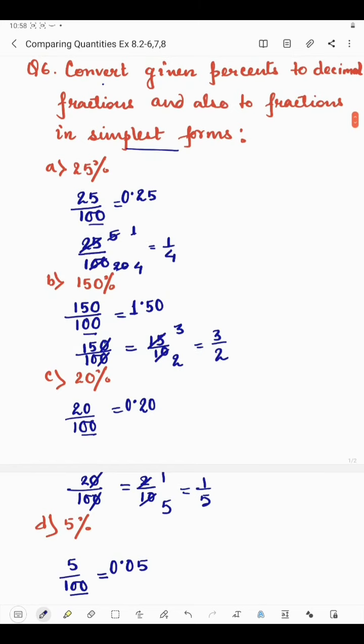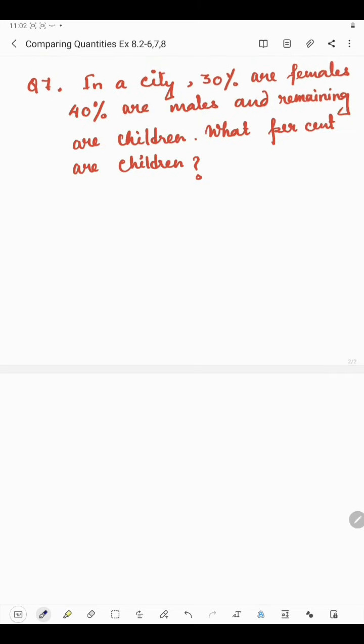Now coming to question number 7. Question number 7 says in a city 30% are females, 40% are males, and the remaining are children. What percent are children? We will have to find the percentage of children.